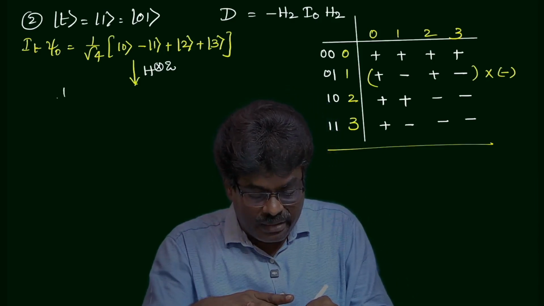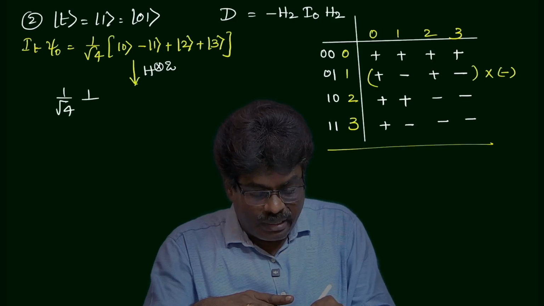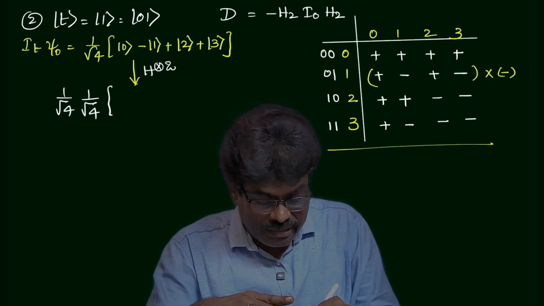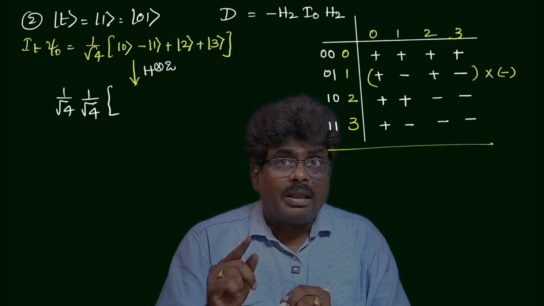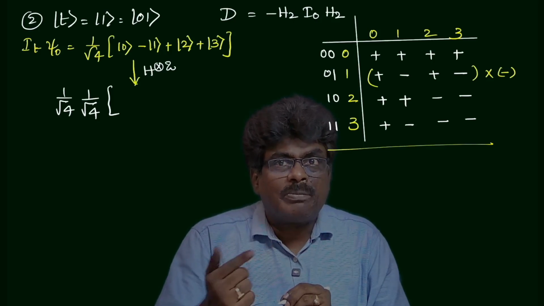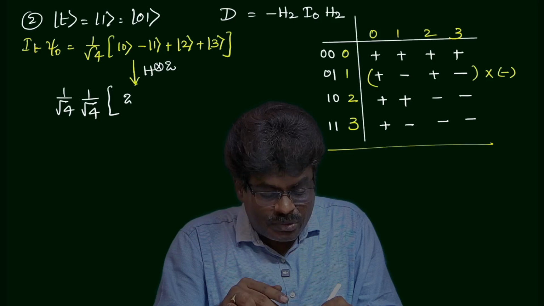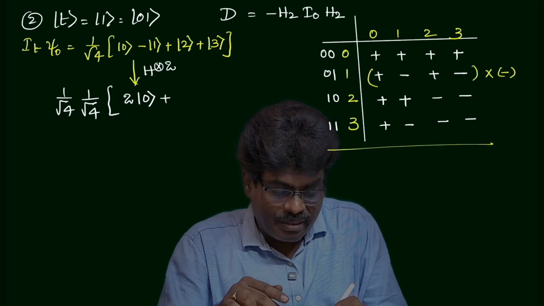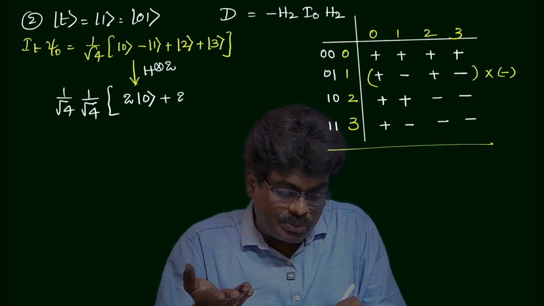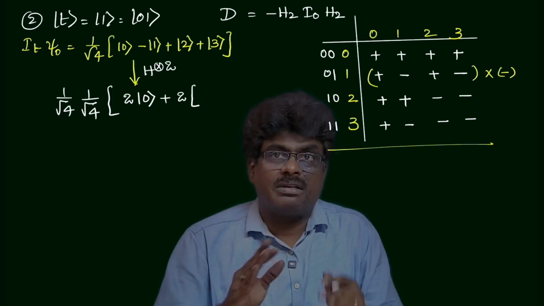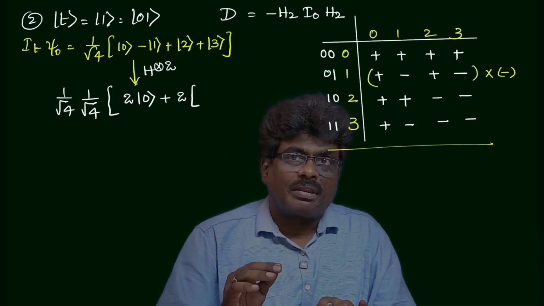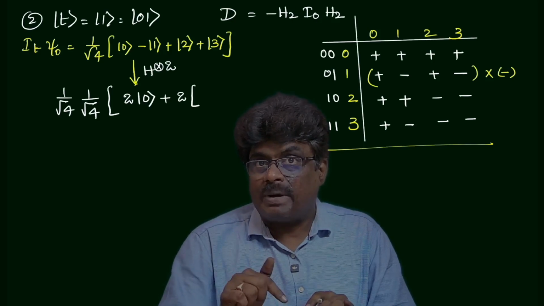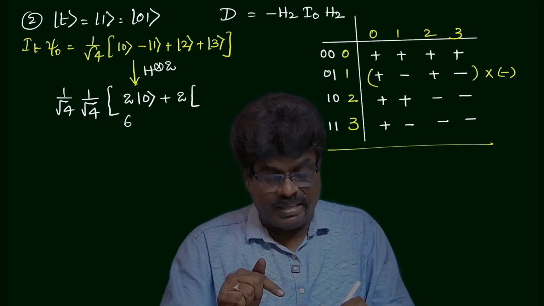So that's why 1 over root 4, and for this operation one more 1 over root 4 we will get. Now tell me, the 0 amplitude will become n minus 2, that is 2 into 0, plus here always 2, remember, please believe me, it is always 2. If 3 qubits are there, then it is 8 minus 2, here you will get 6 and here you will get a 2.